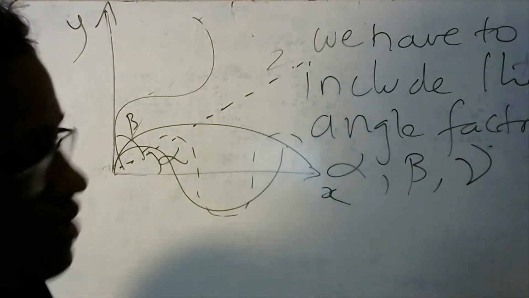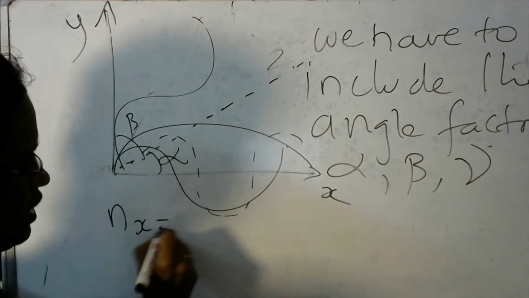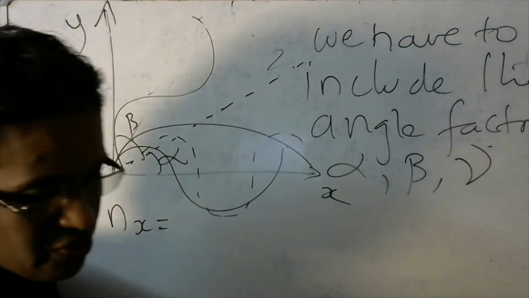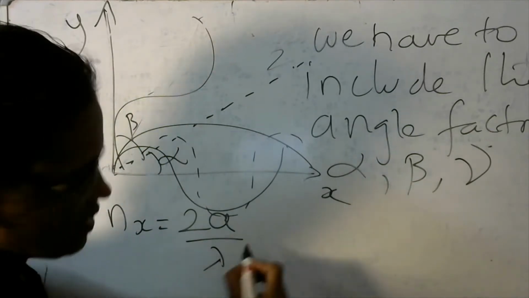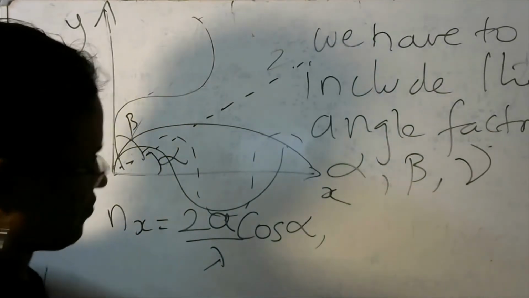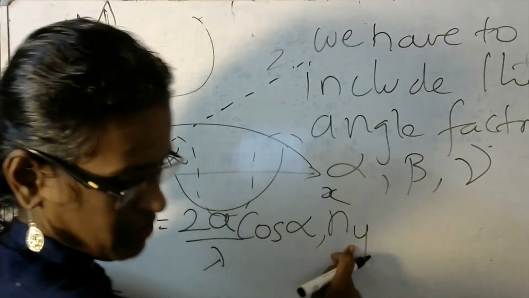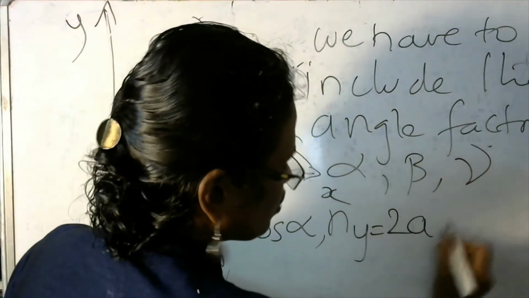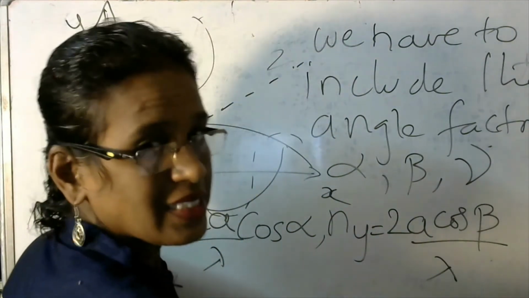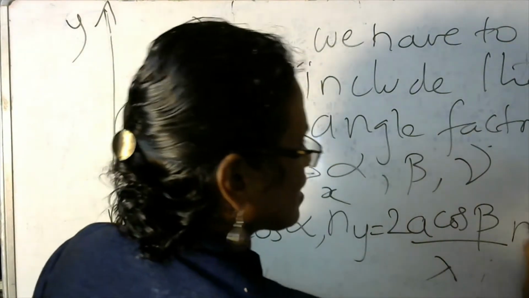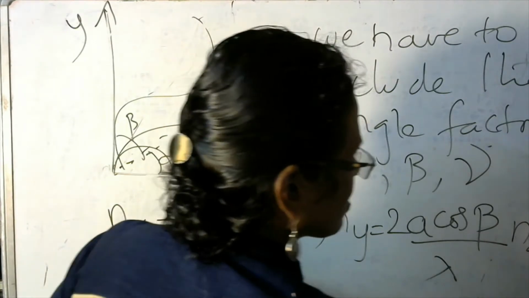So therefore the equation now will become nx will be equivalent to 2a by lambda into cos alpha, and the number of waves traveling along the y direction will become ny is equal to 2a cos beta by lambda, and then nz will become 2a cos gamma by lambda.